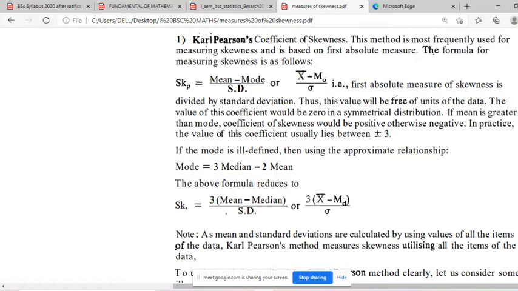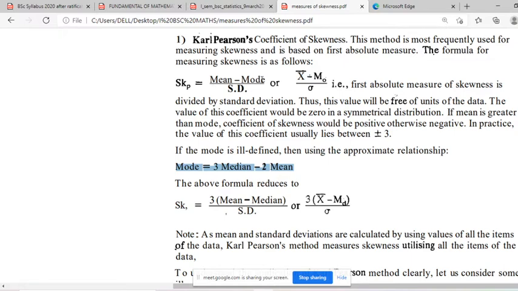SKP is equal to mean minus mode divided by standard deviation. At the same time, you know the relationship between mean, median and mode: mode equals 3 times median minus 2 times mean. That formula can be substituted here.